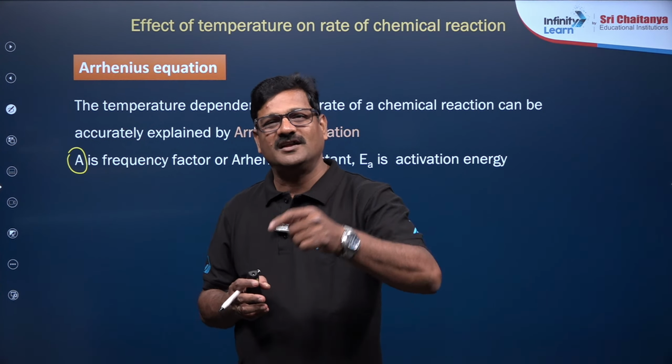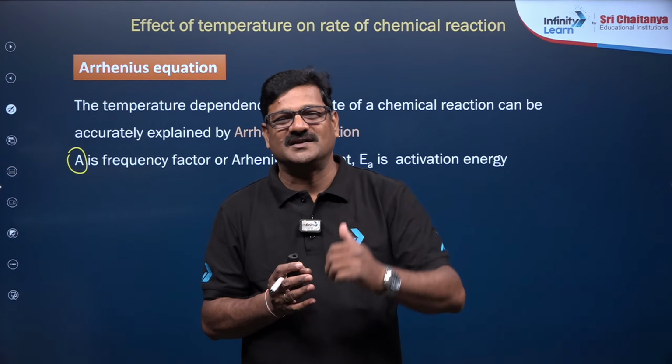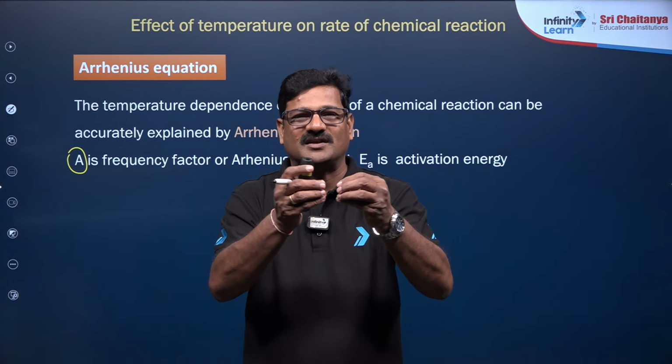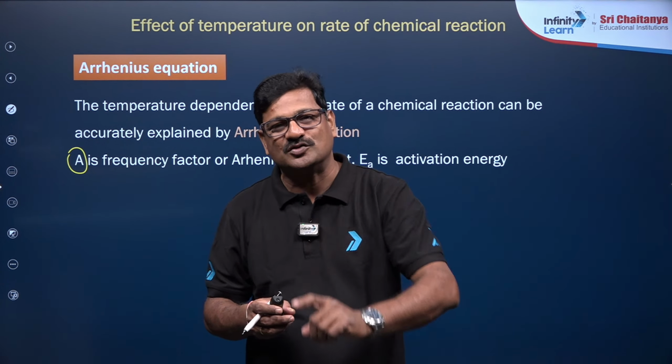The criteria for an effective collision is that the colliding molecules should have a certain minimum energy, called threshold energy, and should have a proper orientation. These two criteria should be simultaneously matched; that is called an effective collision.